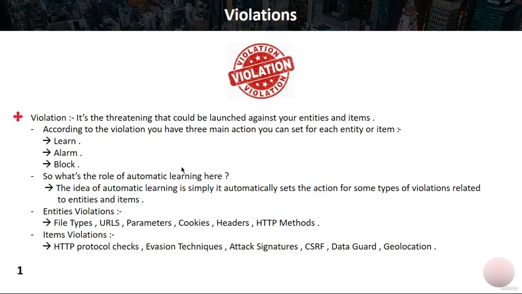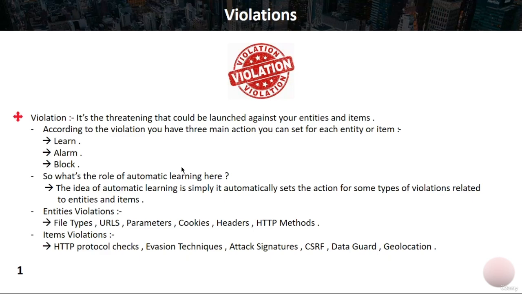So what is the role of automatic learning here? As we said, we have three main actions that we could set for the violation related to any entity or item. Okay, so the role of the automatic learning in this phase is simply that it can automatically set the action for some types of violation related to the entities or items.